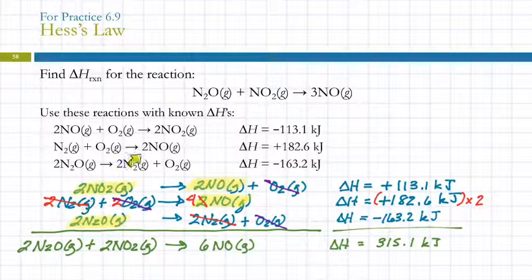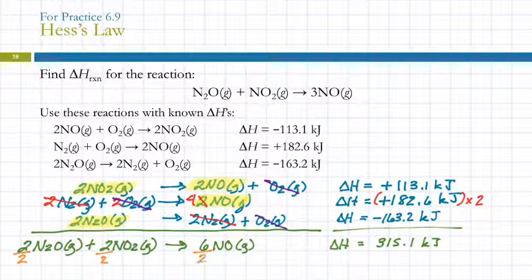But is this equation the same as this one? Not quite, right? This is doubled, right? This had one N2O and one NO2 and three NOs. Here, all the coefficients have been doubled. So to make it into this, I need to divide it by 2. So I'm going to divide all of these by 2.